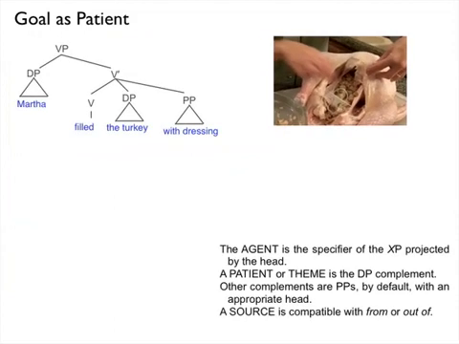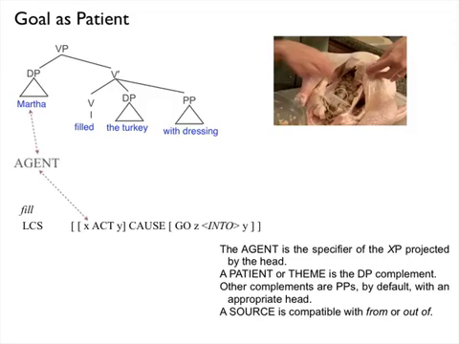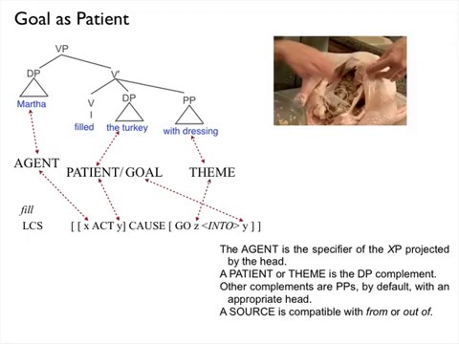Okay, so we have Martha filled the turkey with dressing: cause Y to go into, act on Y, causing Z to go into Y. That is the scenario. We have the agent, and the patient is also the goal. And actually, in this case, this is a predictable thing.